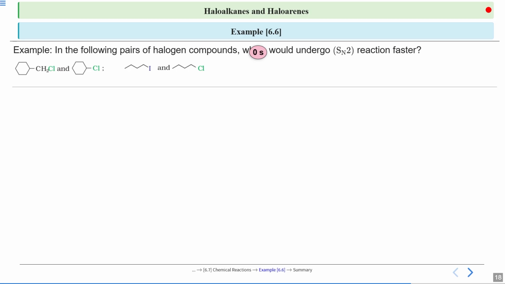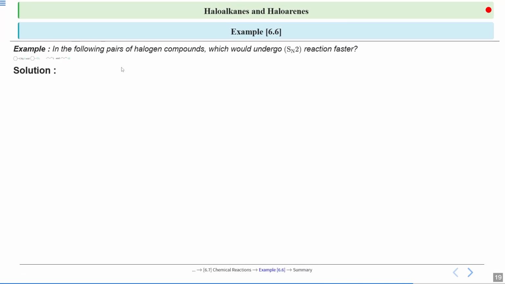Let's see. For this example, the rate of the SN2 reaction depends upon the steric hindrance. Remember, because SN2 is a reaction which happens in a single step, right? And here there is a transition state forming, and the nucleophile is attacking the carbon from the opposite side of the carbon-halogen bond, right?